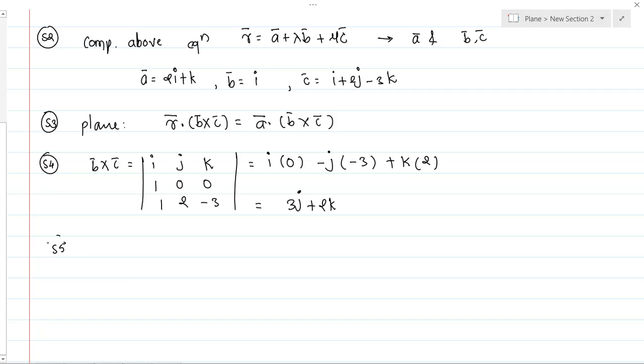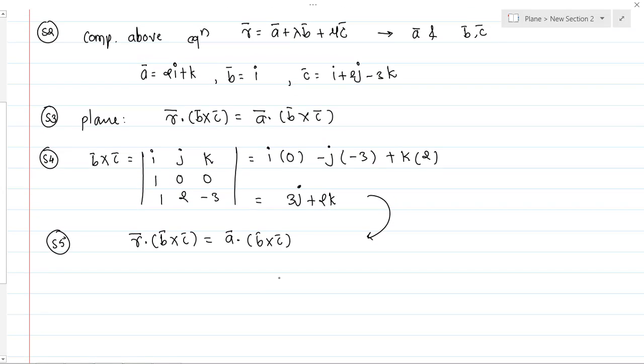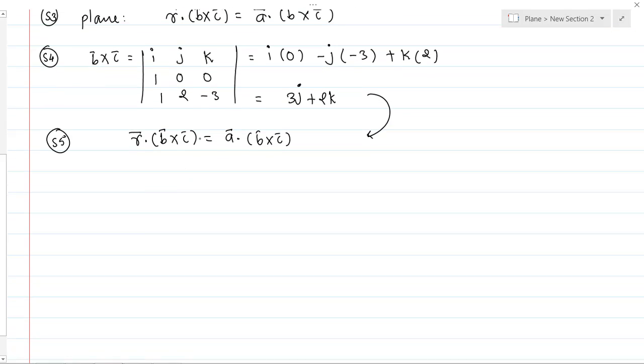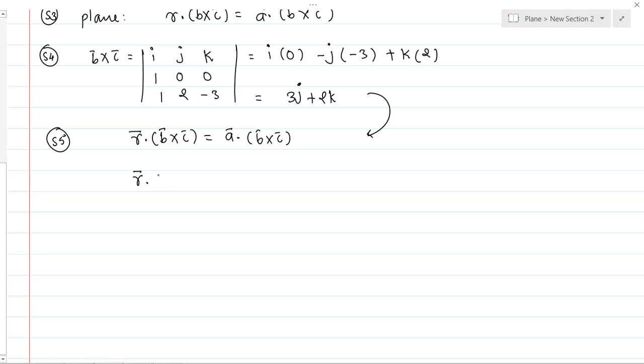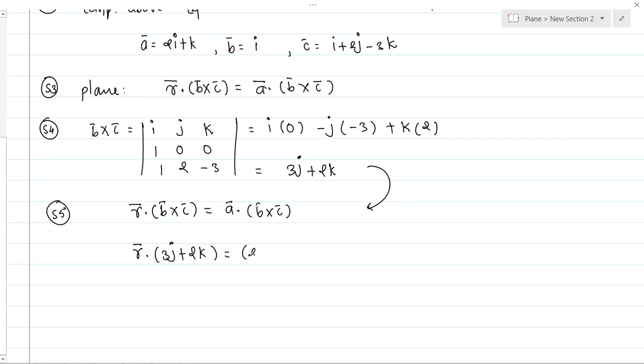Step 5: use r bar dot b bar cross c bar equals a bar dot b bar cross c bar. Let's substitute b bar cross c bar in this equation and solve. a bar in this case is 2i plus k. So r bar dot 3j plus 2k equals 2i plus k dot 3j plus 2k.